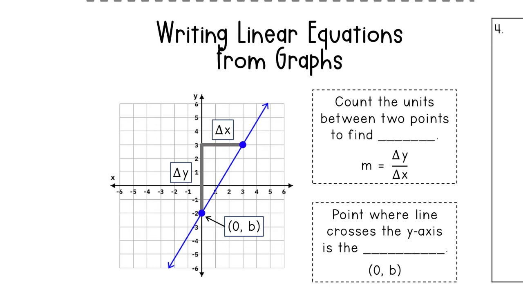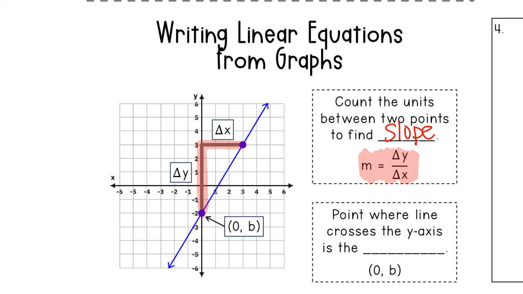I would start by finding any 2 points and counting how many units up and how many units to the side, and that would give me slope. If you remember, one of the shortcut formulas that I showed you was the change in y divided by the change in x. So that's what you're counting: how many units did it change vertically divided by how many units did it change horizontally.